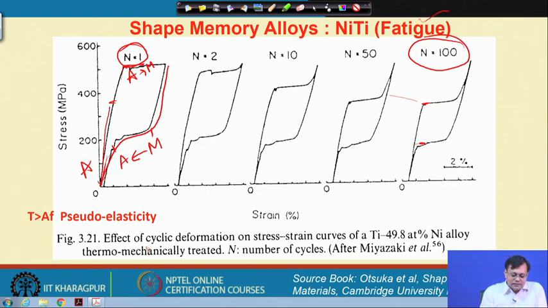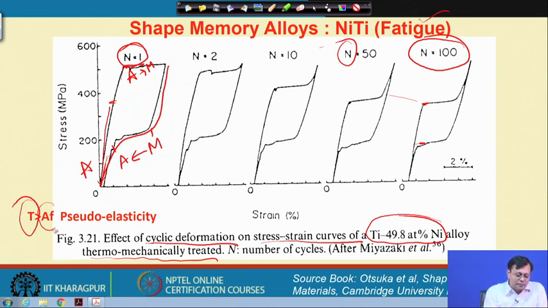So, this is a cyclic deformation we are talking about, because loading and unloading is a cyclic deformation. This is the stress strain curve of a titanium alloy with around 49.8 atom percent of nickel, which is thermomechanically treated, and N stands for the number of cycles. Here the temperature of deformation is above the austenite finish temperature.